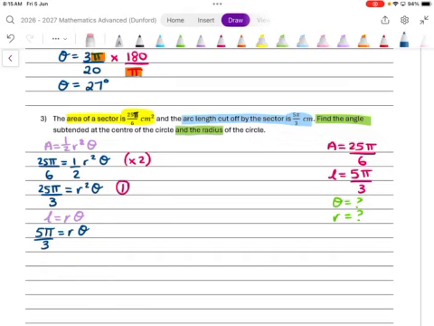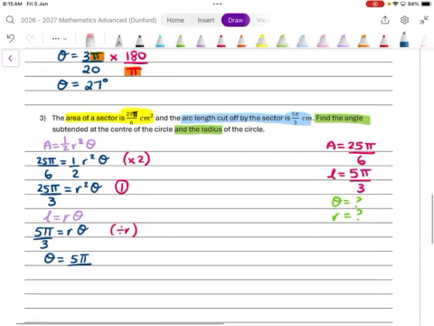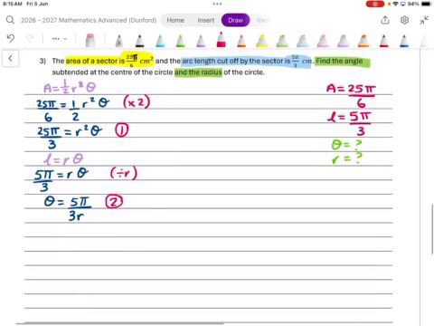And I'm going to make theta the subject by dividing both sides by r. So what I will have is that theta equals 5 pi over 3r. And I'm going to call that equation 2.